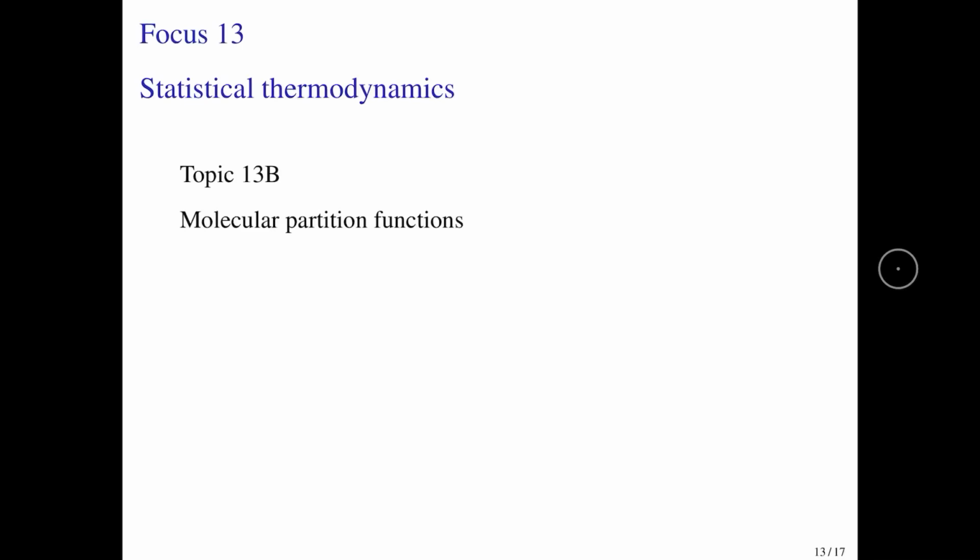Well, the rest of the chapter basically goes through the details, the mathematical details of taking that molecular partition function and expressing it in terms of the different degrees of freedom within your molecules. So you can use the particle in a box model, rigid rotor model, harmonic oscillator model, etc., to calculate the molecular partition function.